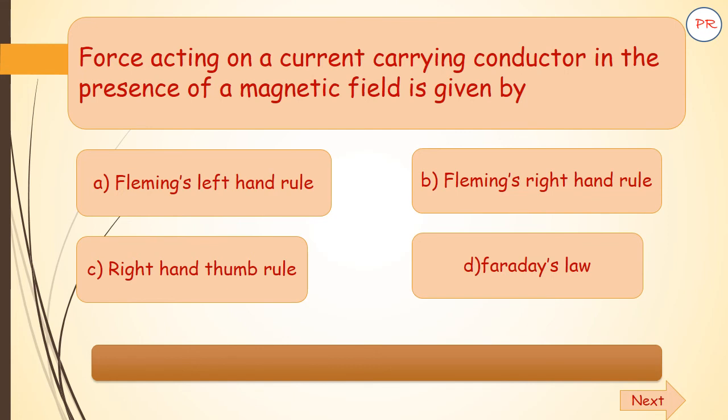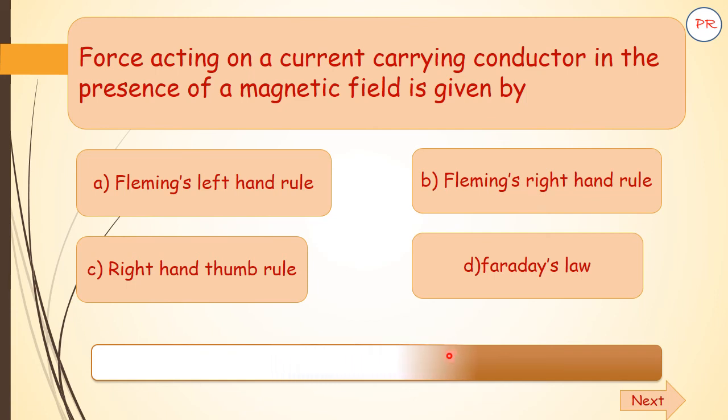The force acting on a current carrying conductor in the presence of a magnetic field is given by A. Fleming's left hand rule, B. Fleming's right hand rule, C. right hand thumb rule, D. Faraday's law. Here is your time. And the correct answer is Fleming's left hand rule.